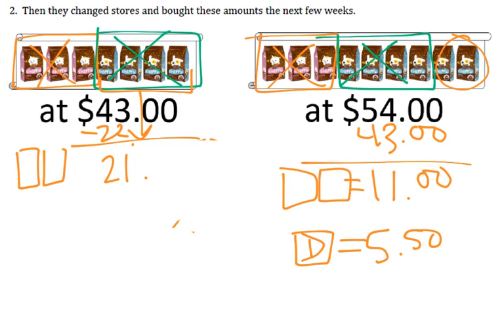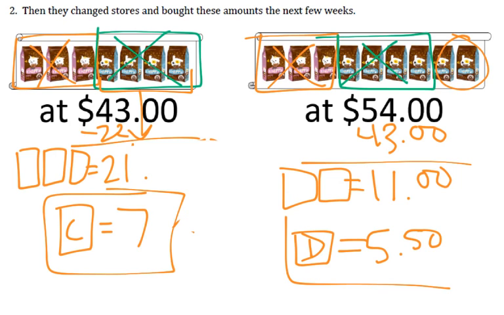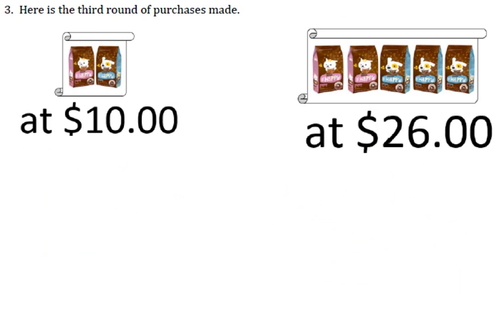So 3 bags of cat food for $21. We know that a bag of cat food is $7. Okay? Which makes sense, right? Using those differences, being able to get rid of one of our types of bags, allows us to figure out the rest.